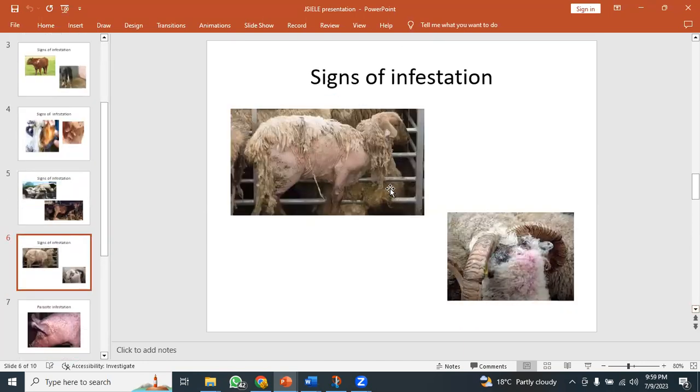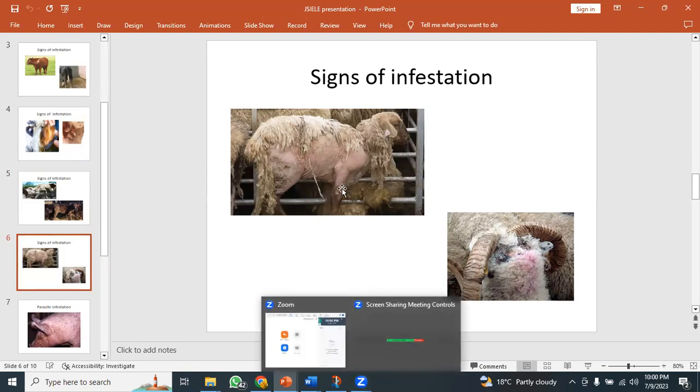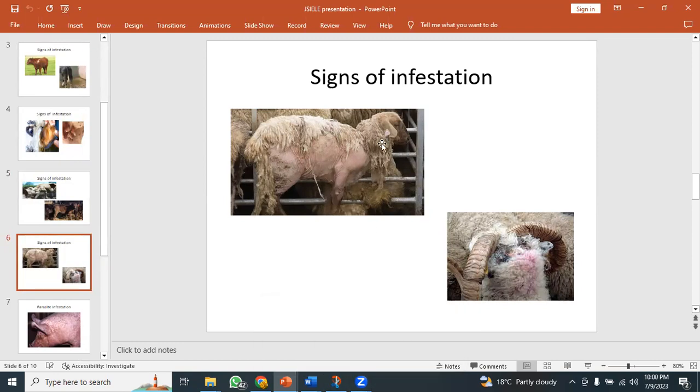This one, there are two pictures as well. What do you see in the first one? Which animal is it first? A sheep. Yes, it's a sheep. And what's happening in the wool of that sheep?